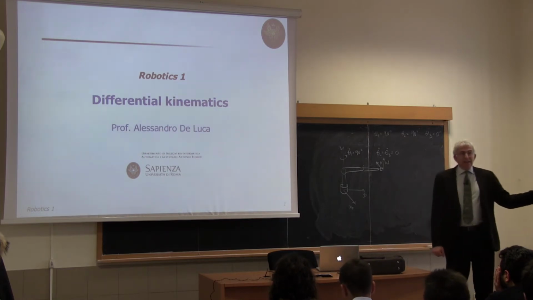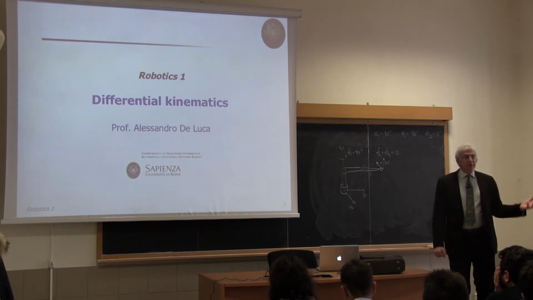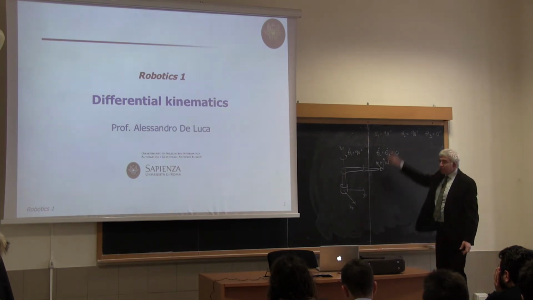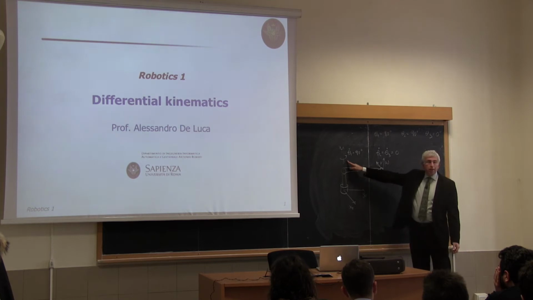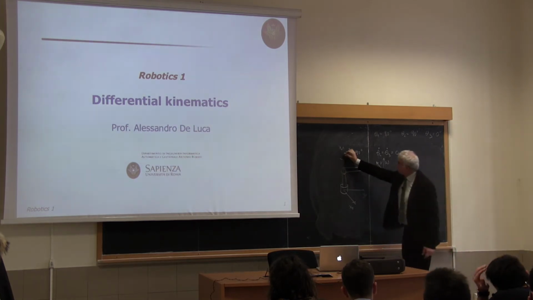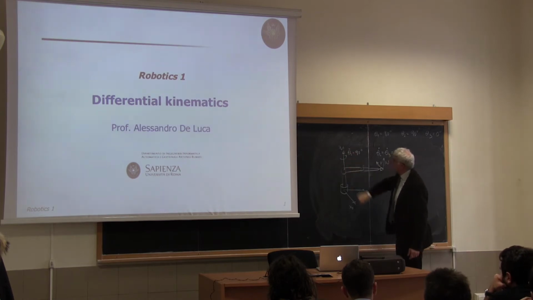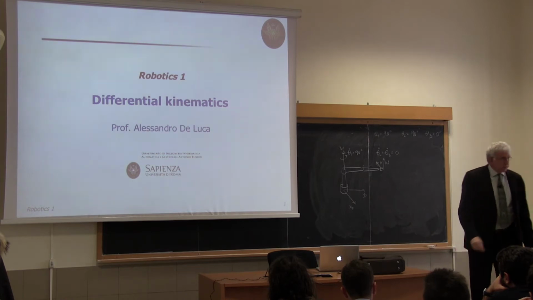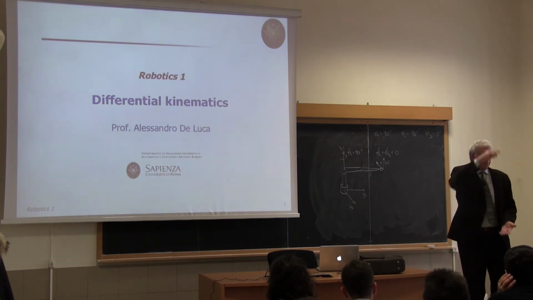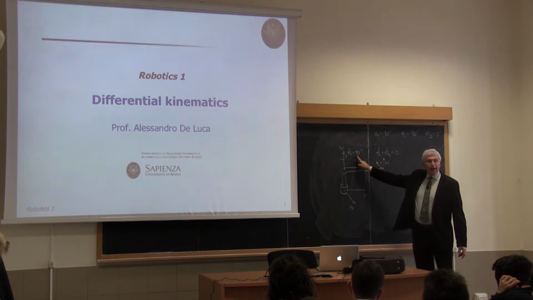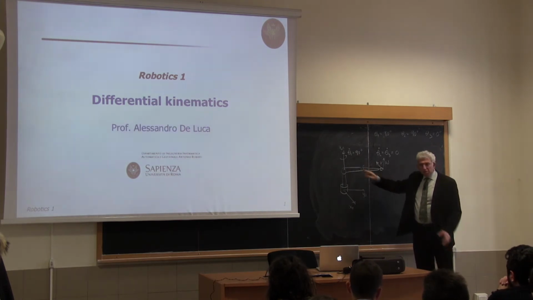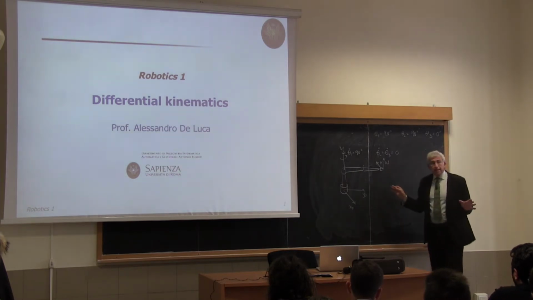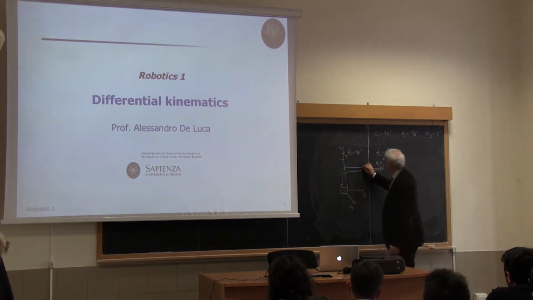But in fact, there is also an angular velocity, and this angular velocity is vertical, exactly along the direction of the angular velocity imposed by this joint, which can be represented as a vector in the direction of the joint, and its intensity depends on how fast I'm rotating. Okay?